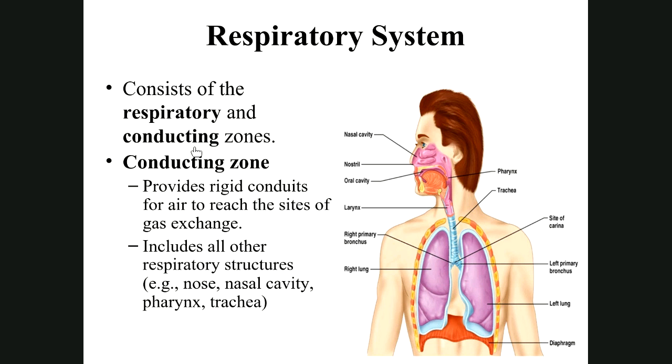What is this conducting zone? The conducting zone provides the rigid conditions for the air to reach the site of gas exchange. When the air comes, it goes into the lungs where the gas exchange takes place.